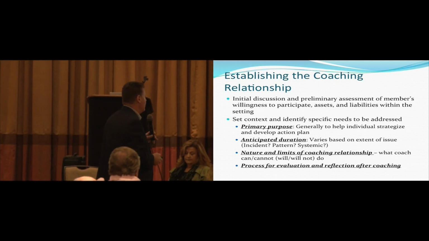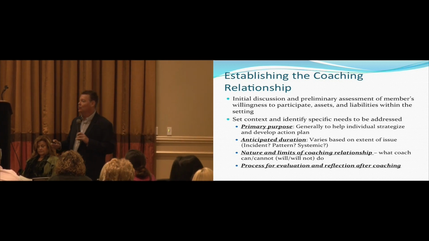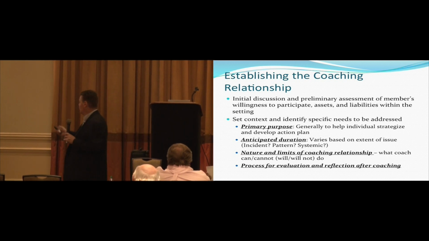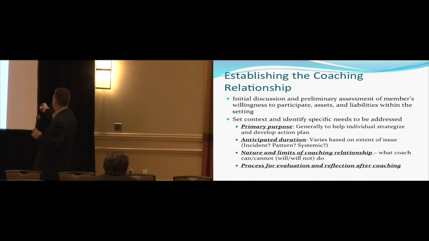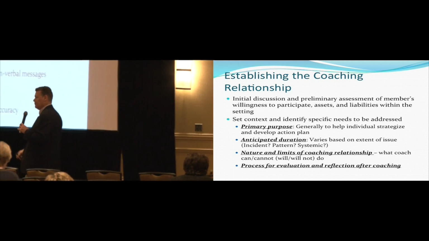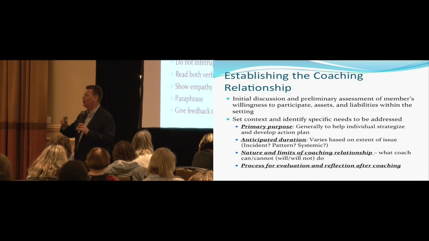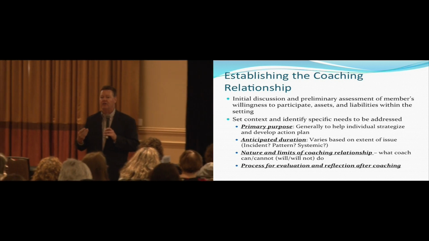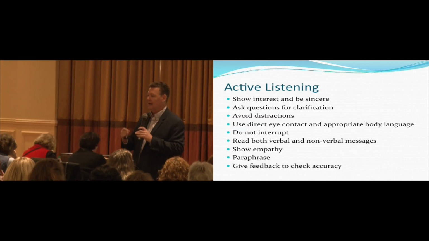And finally, process for evaluation and reflection after the coaching has taken place. And that can happen during coaching as well, okay? Those are the 4 main relationship values that good coaches do. The most important thing you must do, and something we're going to be looking for here in a moment, as you identify a conflict situation, share it with a conflict coach, and this will be fun.